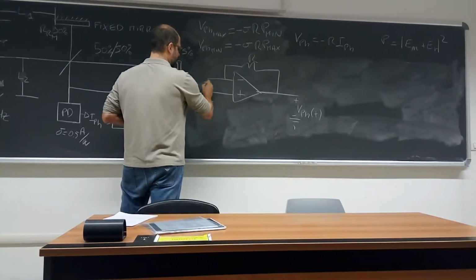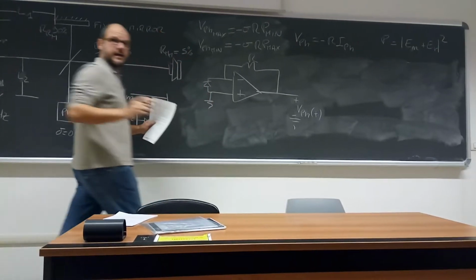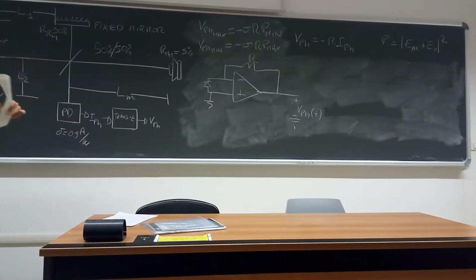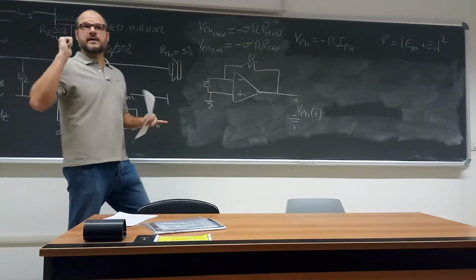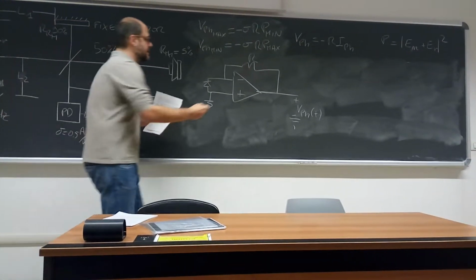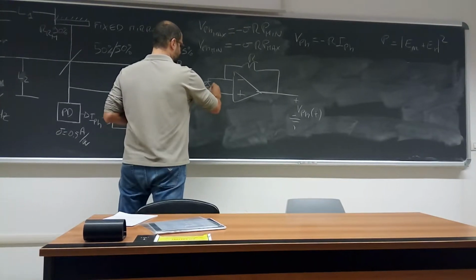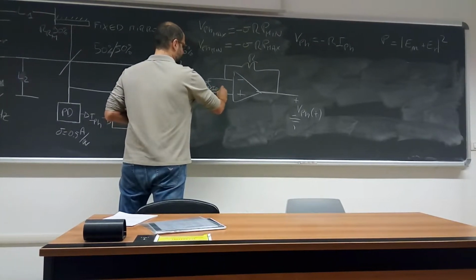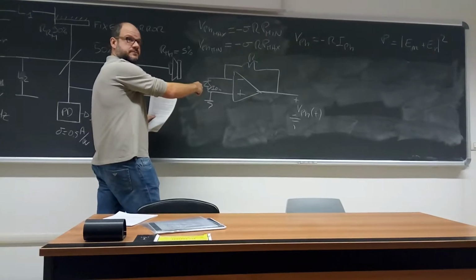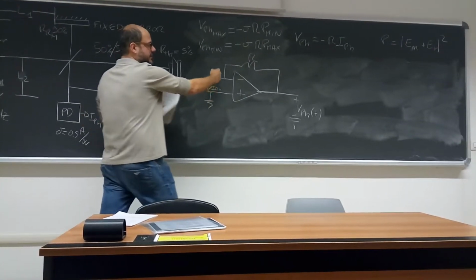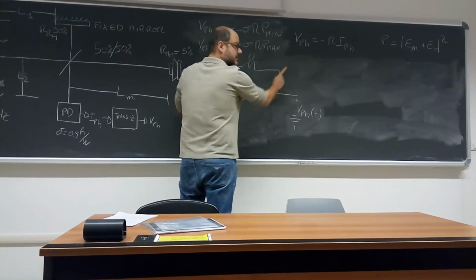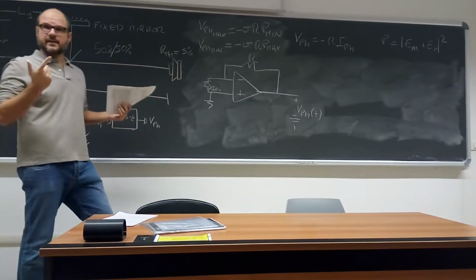So, you put it here, okay? What is the great difference between this configuration and the one that we have seen? That now the signal is positive because the photodetected current goes in this direction, okay? So an increase in the photodetected current causes an increase in the photodetected voltage, okay?